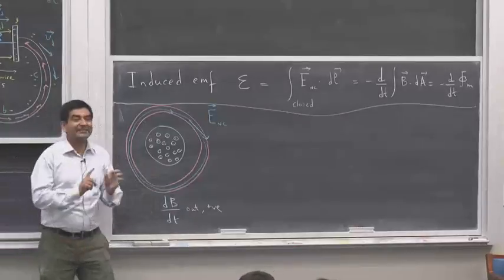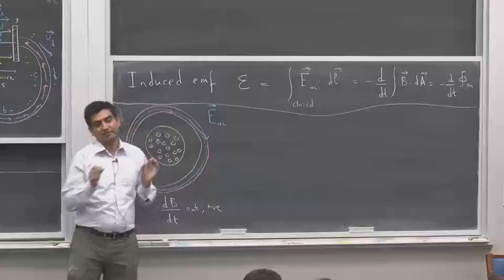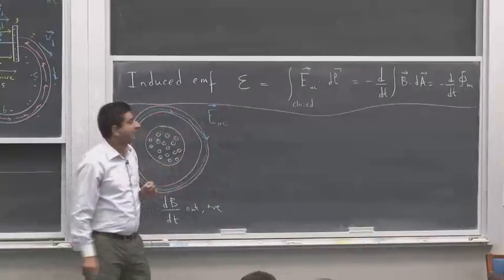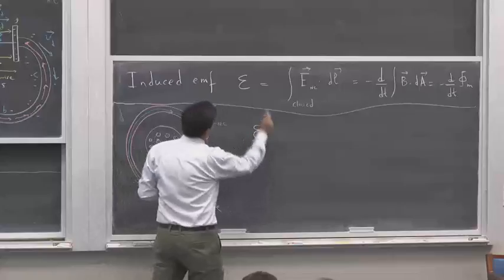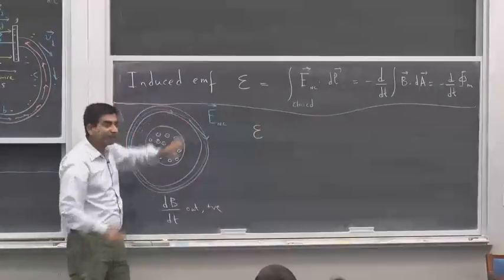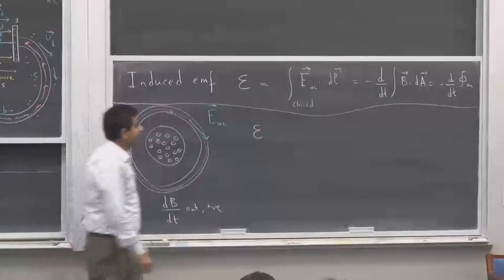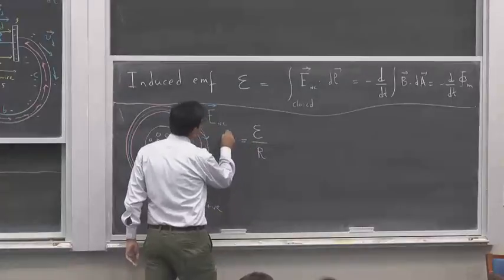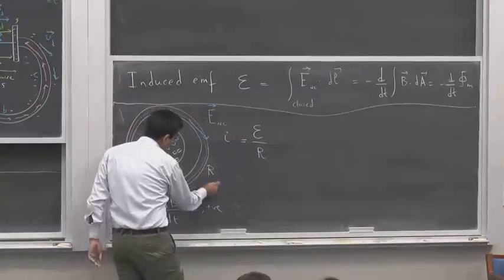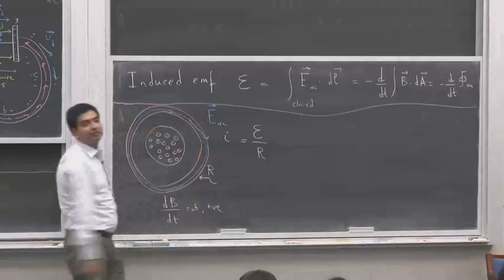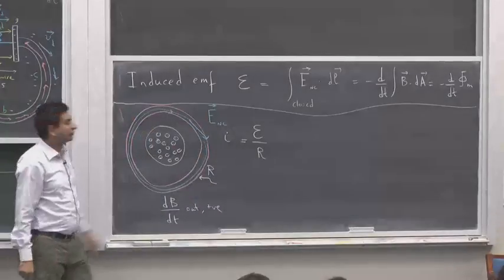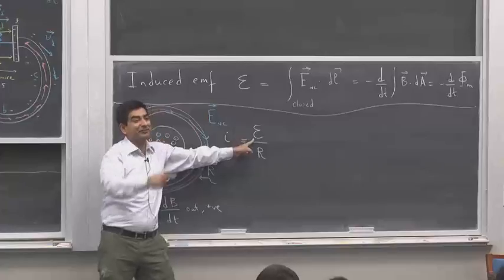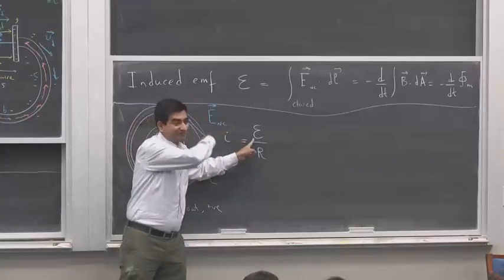That electric field exists inside the conductor. That will create an EMF. That EMF can produce a current because the conductor has mobile charge carriers. That current is going to be E over the resistance of this ring. So this EMF is produced from a non-conservative electric field, which is produced from a changing magnetic field.